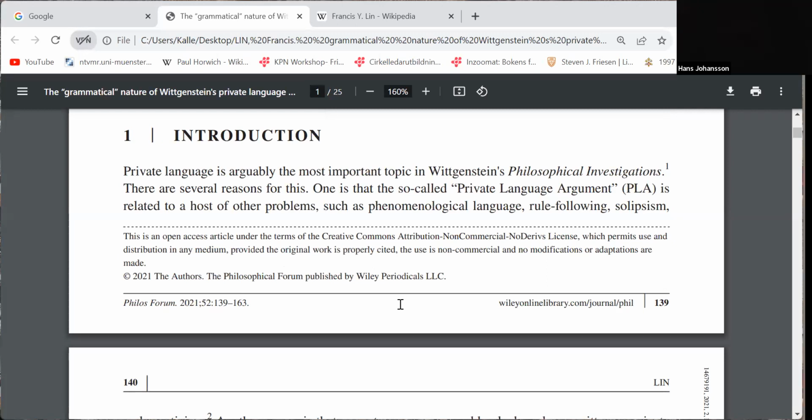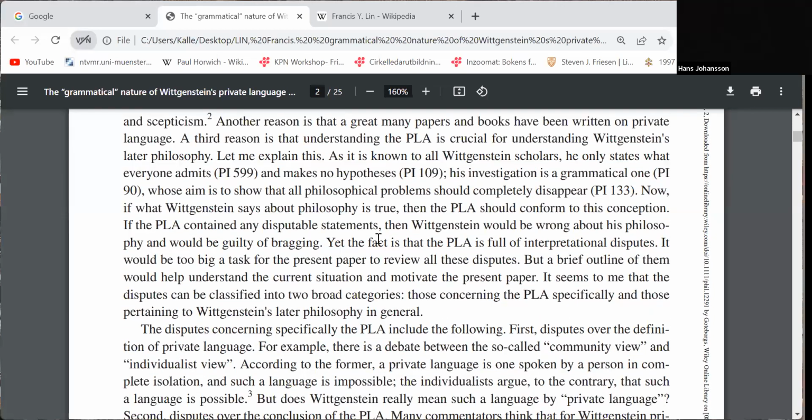Private language is arguably the most important topic in Wittgenstein's Philosophical Investigations. There are several reasons for this. One is that the so-called private language argument, PLA, is related to a host of other problems, such as phenomenological language, rule following, solipsism, and skepticism.